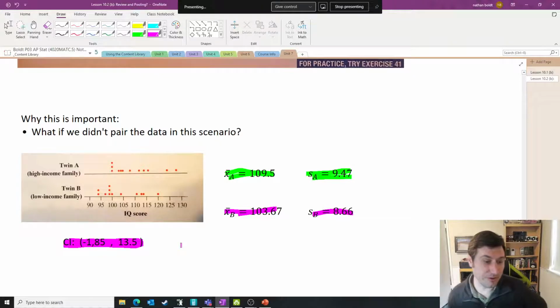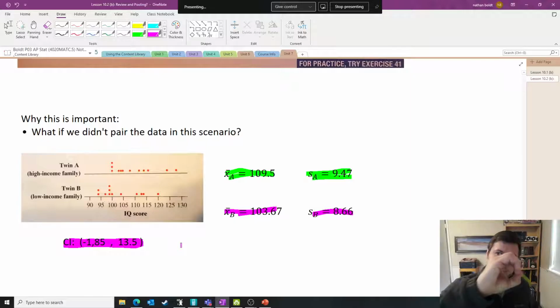Well, the important thing there is what number is in that interval? 0. 0 is a plausible difference in their IQ scores in this case, which means no difference, right? So a plausible answer is that there is no difference in their IQ scores because 0 is in the interval. It's just as plausible as any of the others.